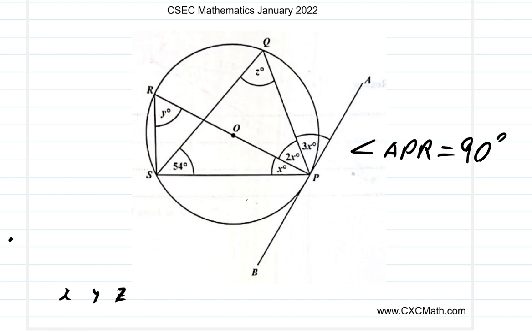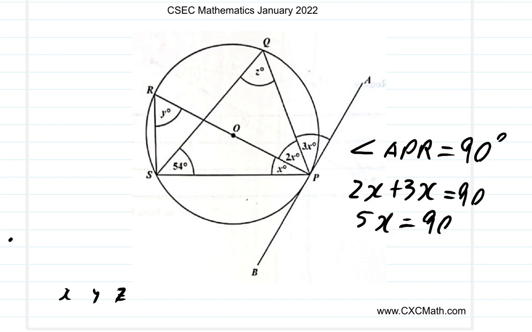Now, APR contains 3x and 2x right there. So that means 2x plus 3x equals 90. 2x plus 3x is 5x equals 90. Divide both sides by 5.